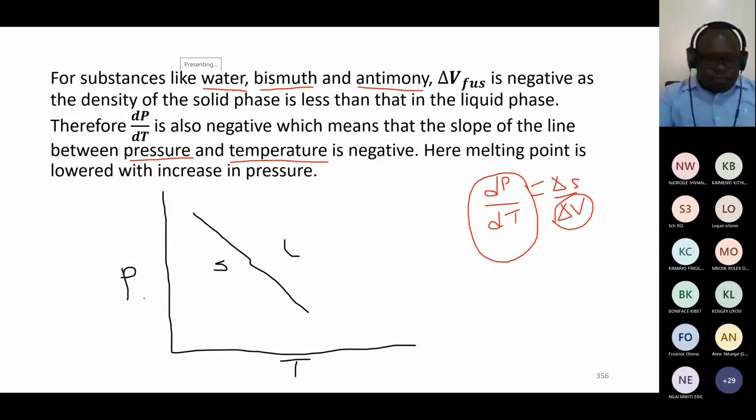So when you plot pressure against temperature for that particular system, you're going to get a slope like this one here.